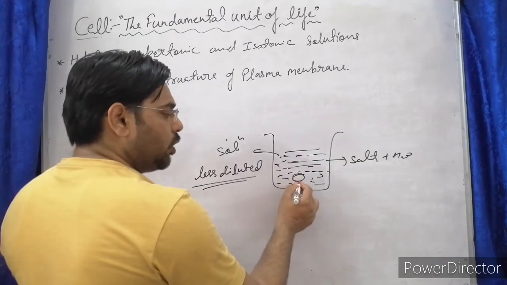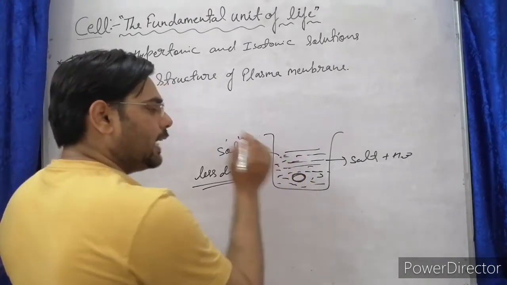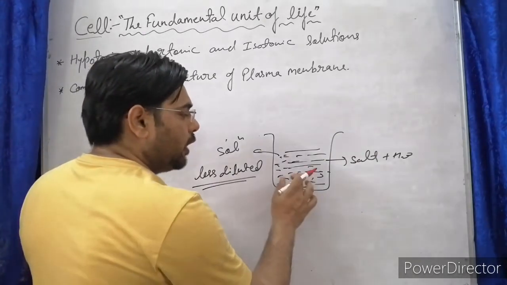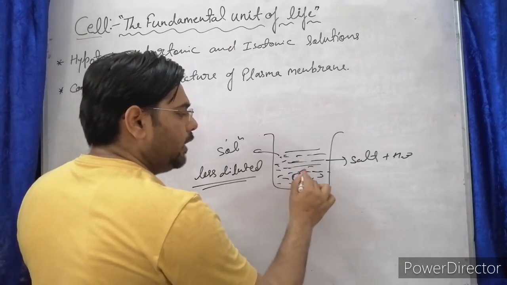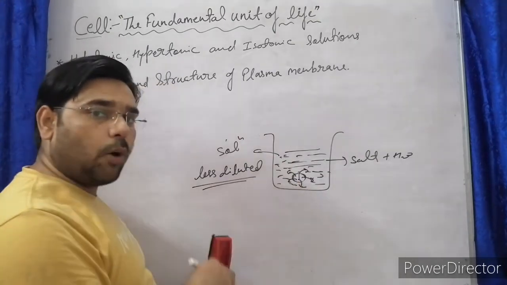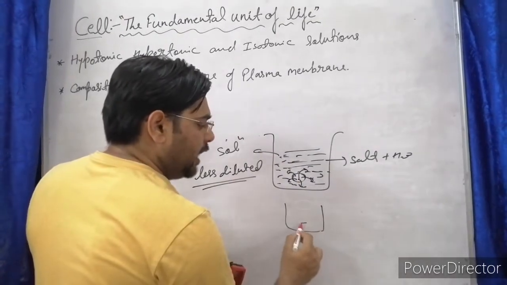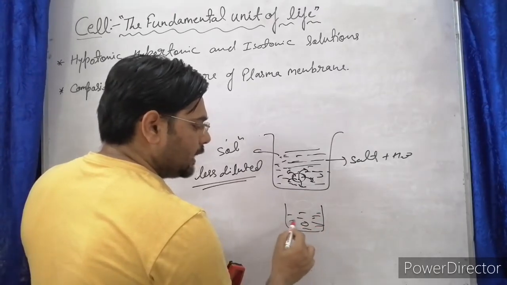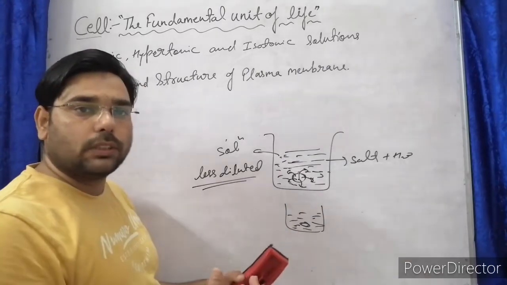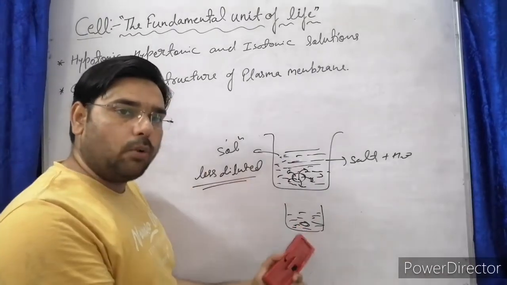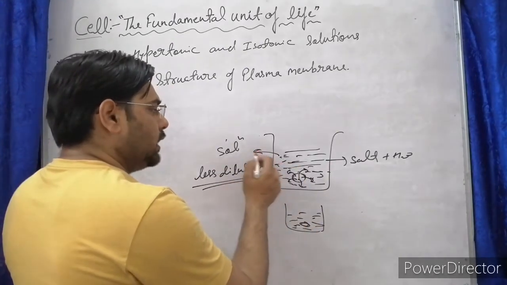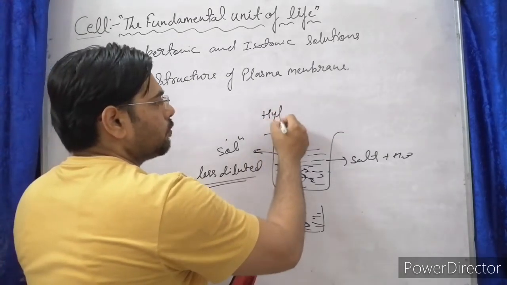It means the concentration of water inside the cell is more as compared to the surrounding. Then what happens? According to the concentration gradient, the water moves from the cell to the surrounding, meaning the water comes out from the cell and the cell will ultimately shrink. The size of the cell will get smaller. This process is called exoosmosis, meaning the water from the cell comes out to the surrounding medium.